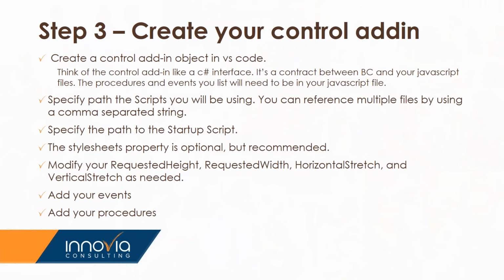The control add-in is not an interface, but I think of it as one because you have to list your methods that are going to be in your JavaScript file. That's how Business Central is going to know what to do with your JavaScript file. It's going to see a method that you've designed in your control add-in, and it's going to look in your JavaScript file and run that JavaScript for that function.